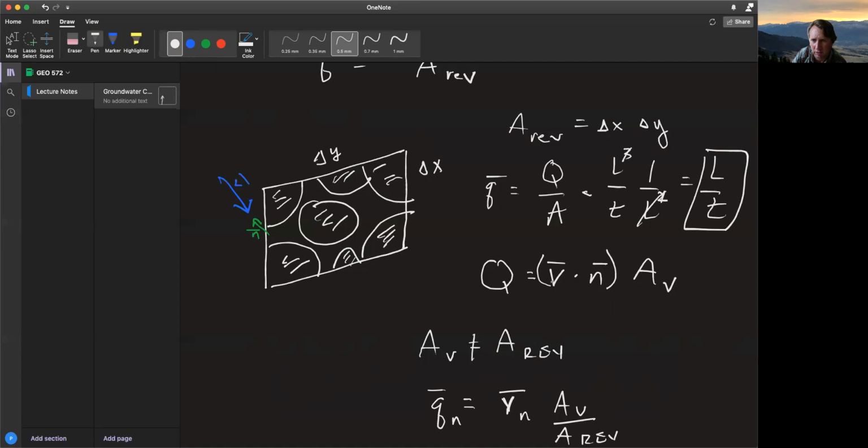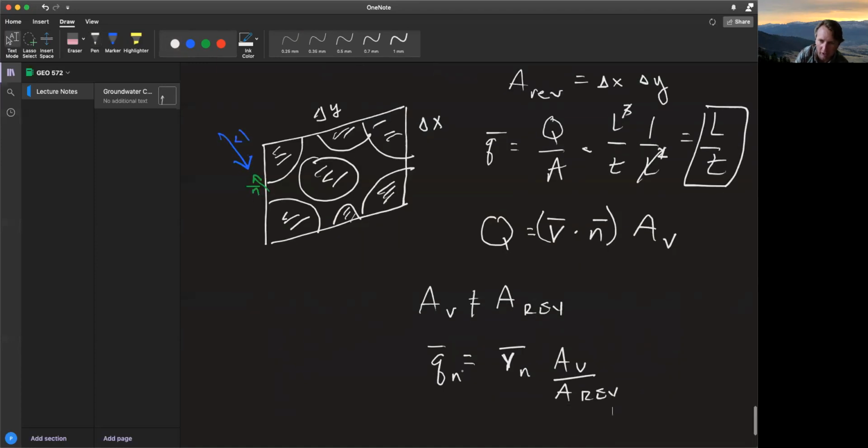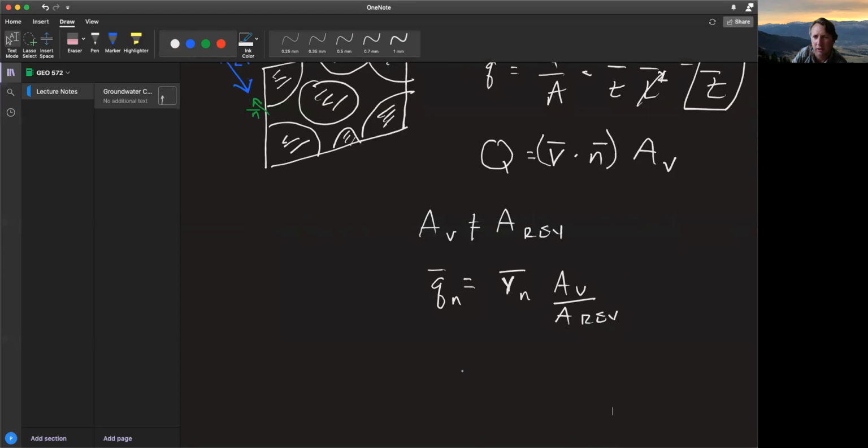I just took this definition for Q, put it in here, and divided by the total REV for the definition of flux. And this guy, the area of the voids divided by the total area, well, that's porosity.